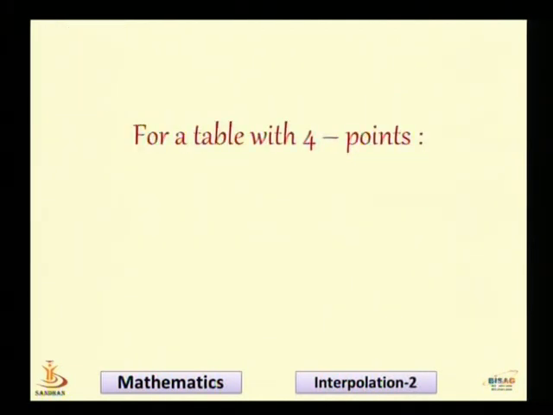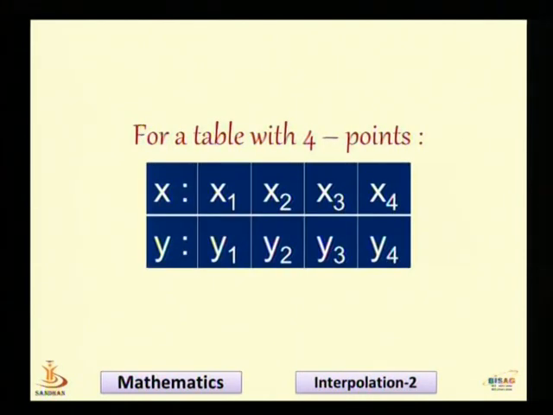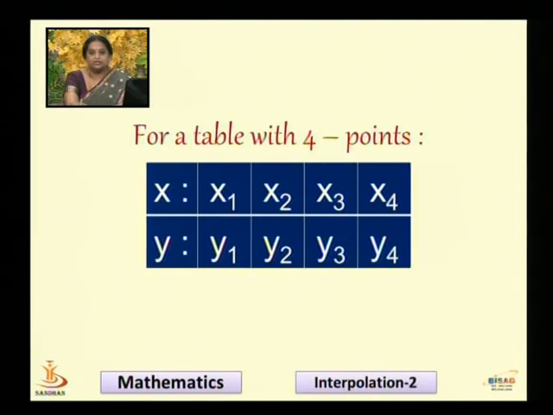Let us now consider a table of 4 points given as x1, y1, x2, y2, x3, y3 and x4, y4.